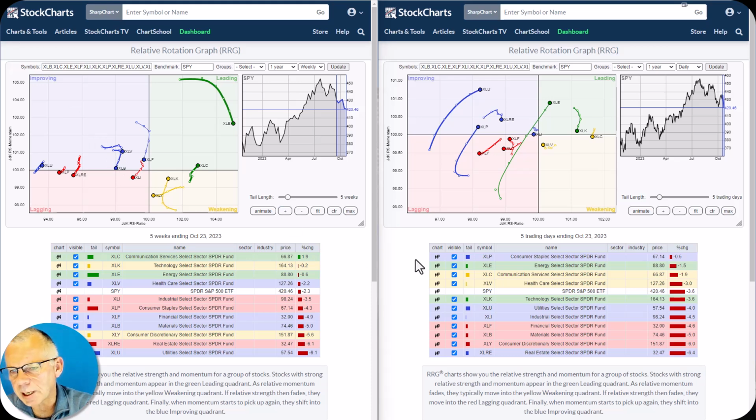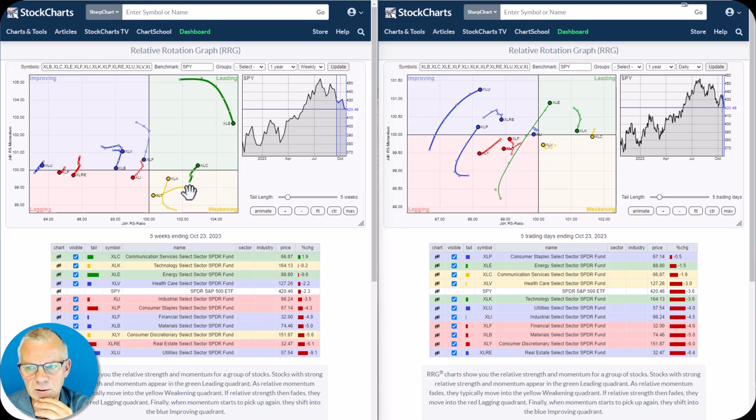Now look at the right-hand side where the daily rotations are, and you can see that over the last 5 trading days, energy has rapidly picked up, shooting back into the leading quadrant, supporting the longer-term strength of the XLE tail on the weekly RRG. But we see technology and communication services rolling over. They're moving lower on the RS momentum scale and marginally lower on the RS ratio scale.